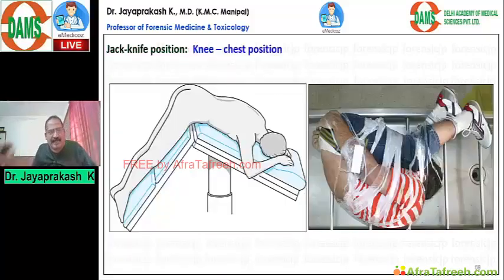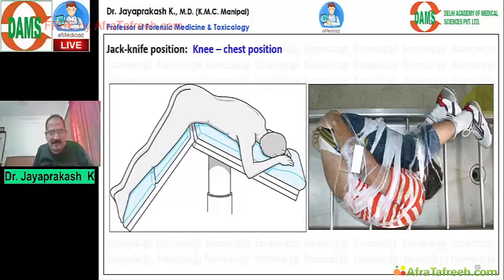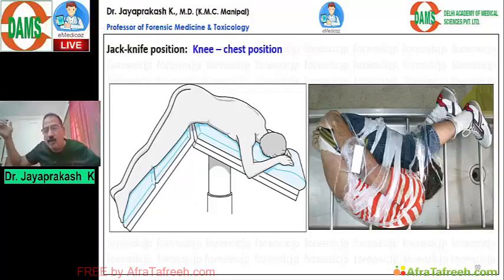That is positional asphyxia. In jackknife position, that is the knee-chest position, not exactly, the knee has to touch the chest. Here the process of respiration may get compromised and the person may die of positional or postural asphyxia. So jackknife position may cause death by positional asphyxia, especially whenever this position is prolonged.